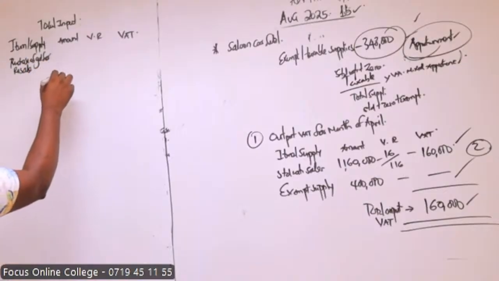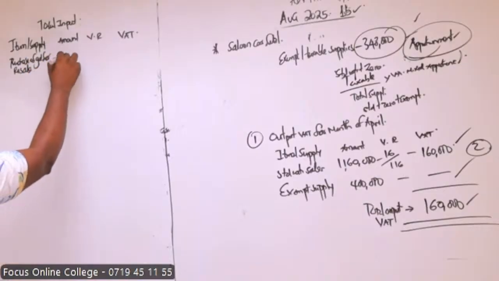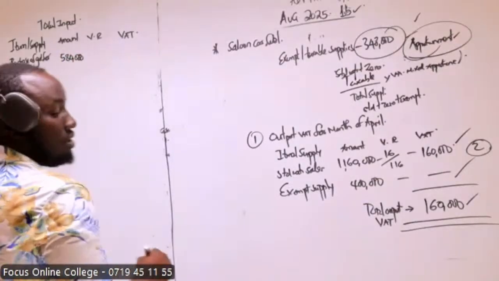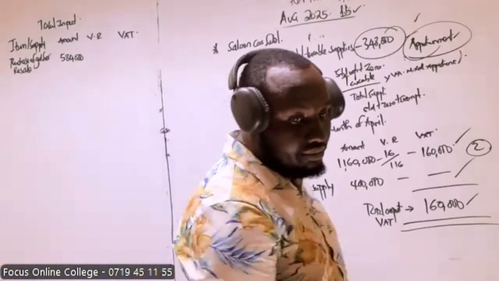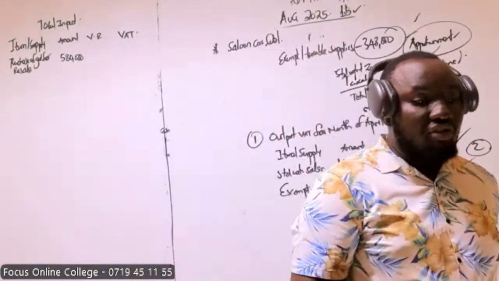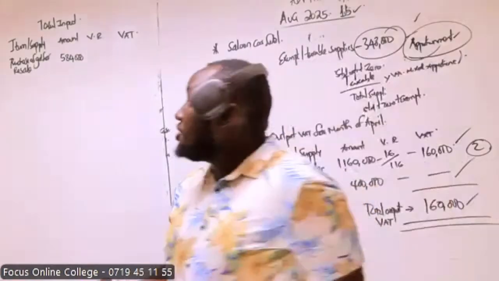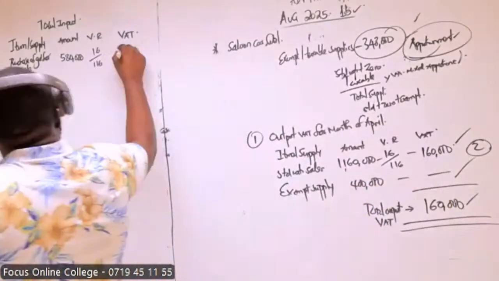The figure is 580. What are we using as our VAT rate? 16 over 116. So we have 80.